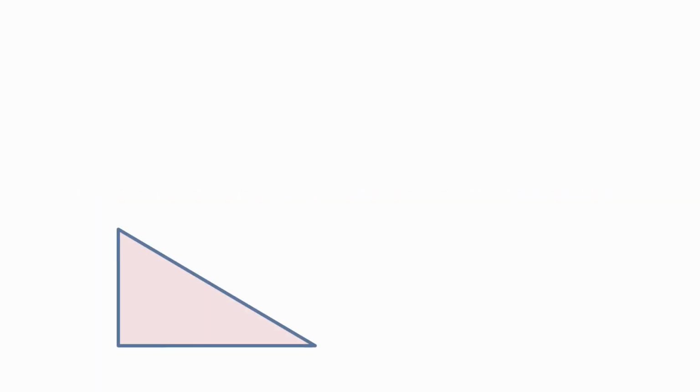Okay, the second very special triangle has angles of 30, 60, and 90 degrees. This one's a little harder, but not too much. If the shorter side, the leg opposite the 30-degree angle, is x, then the hypotenuse is 2x, and the longer leg is x times the square root of 3.